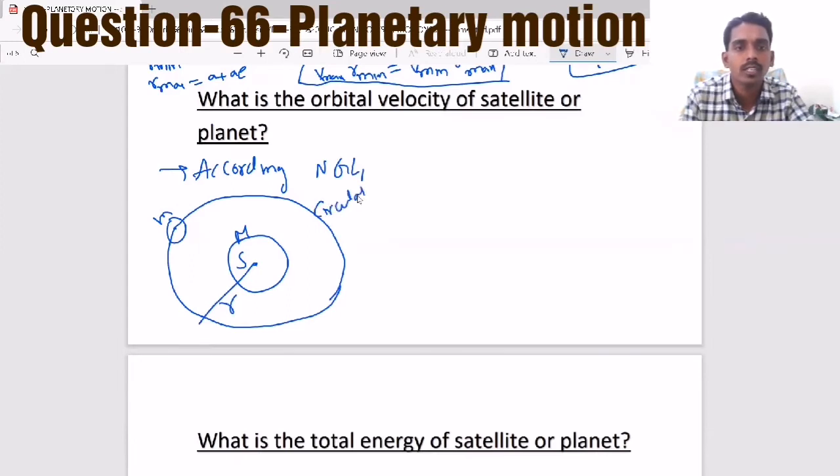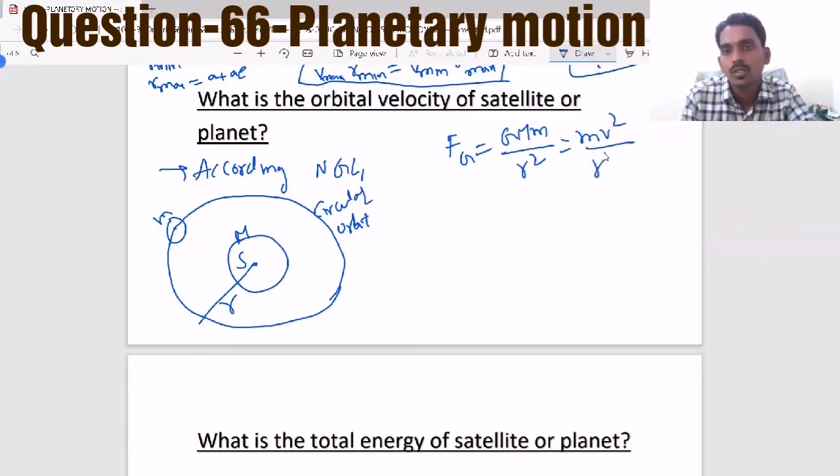All planets revolve around the sun in circular orbit under the effect of gravitational force, that is GMm by r square, and this provides the required centripetal force, that is mv square by r.